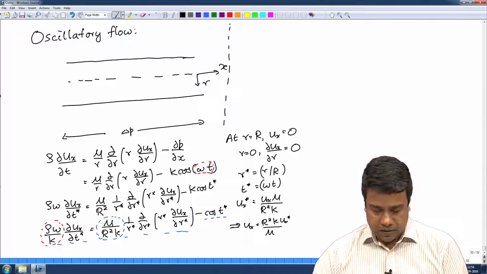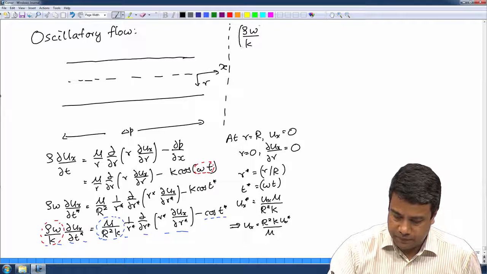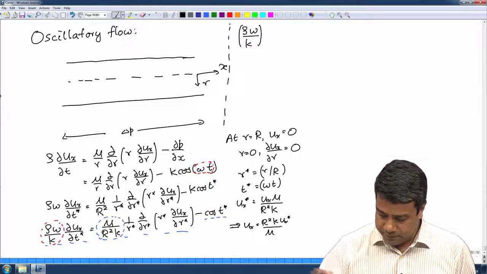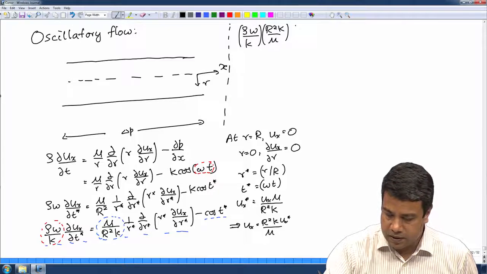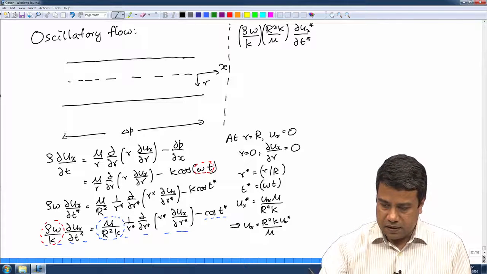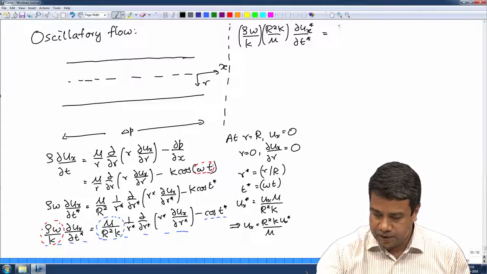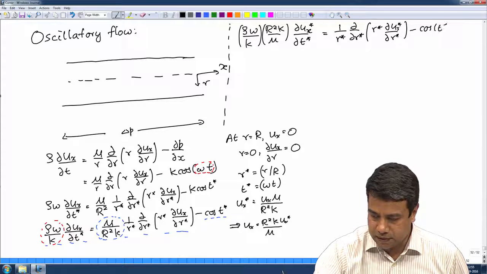Put that into the conservation equation. So the first term I get is rho omega by k, into R square k by mu, into partial u_x star by partial t star. Since I have scaled by the viscous scale, on the right side I will just get 1 by r d by dr of (r du_x by dr), minus cos of t.